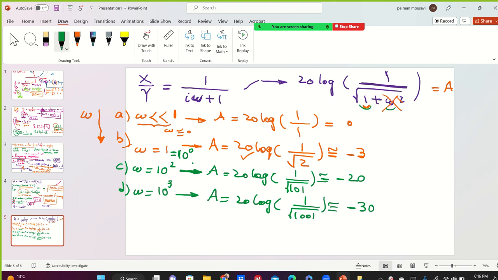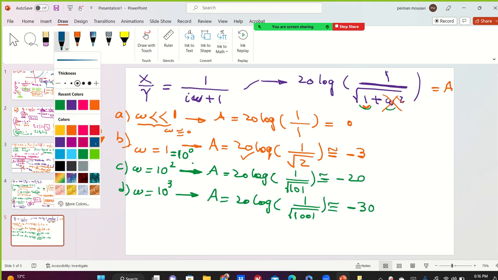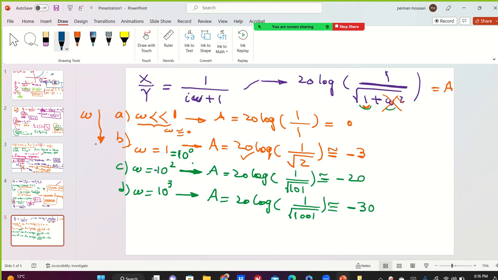So if I plot this, guys, the good news is here. And let me put also omega 10 to the power of 4 radian per second.